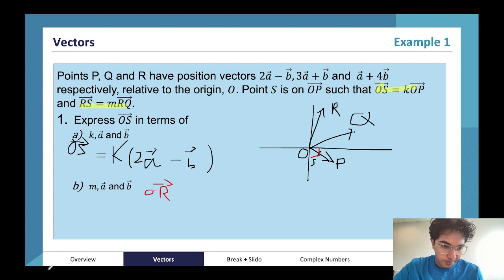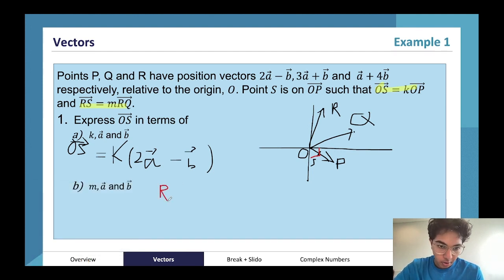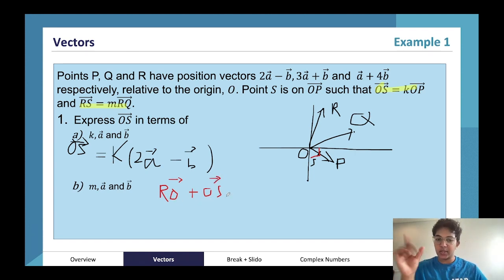Actually, here's a neat trick with vectors. If we know that our final thing is going to be RS, the very first letter should be R. So we're going to go RO plus OS. And when these middle terms are the same, they can sort of cancel out.